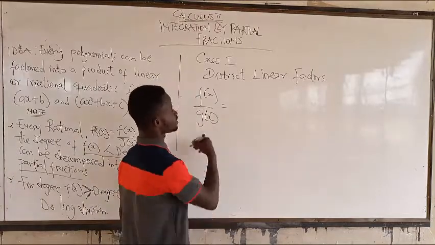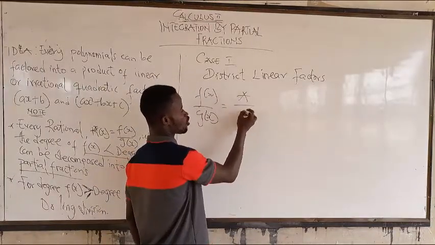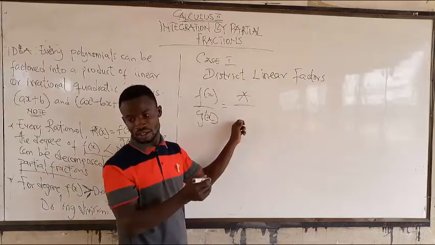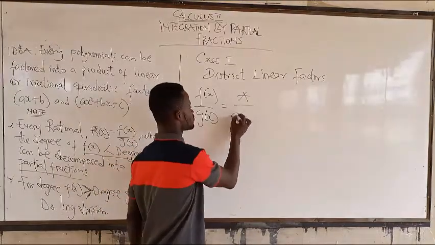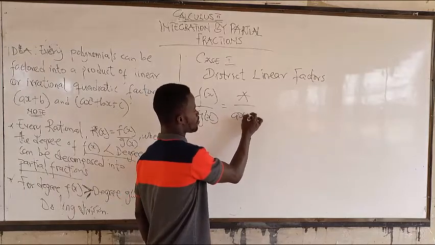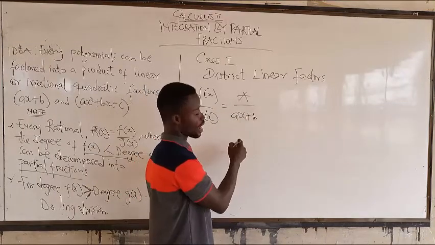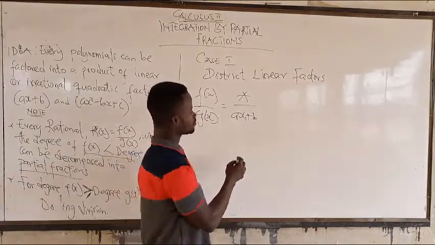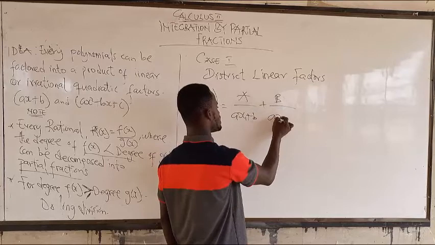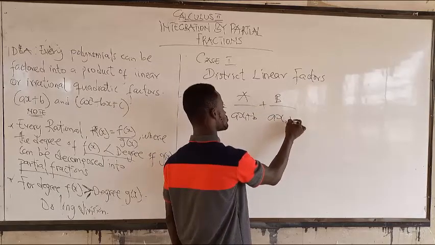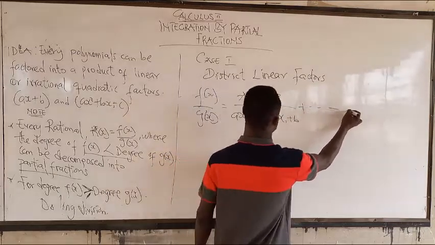Now, since it's linear, we can write A over the linear, which is ax plus b, plus B over a2x plus b2, plus it continues like that.